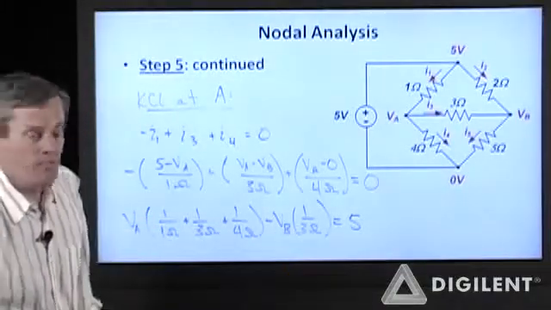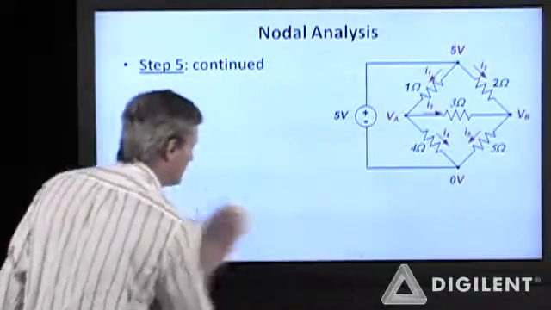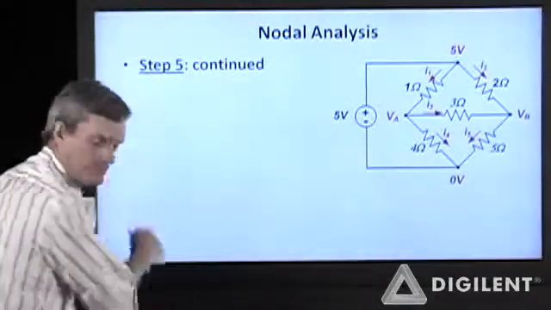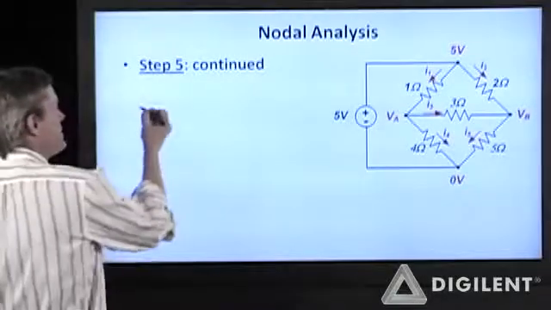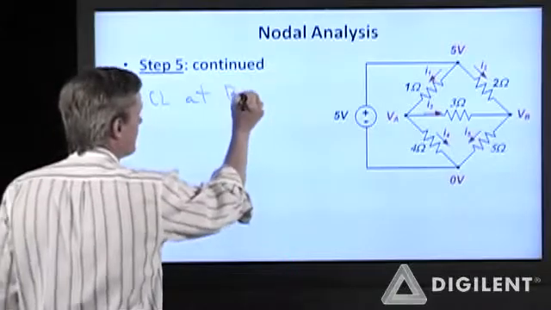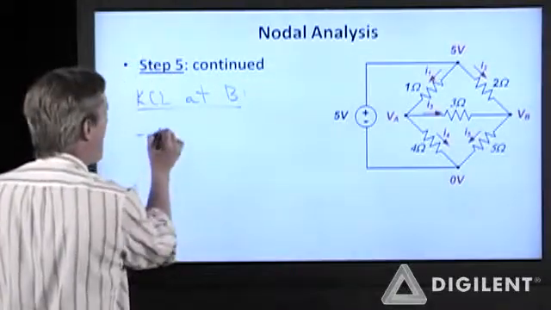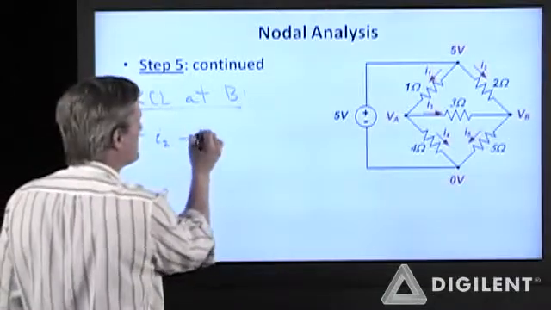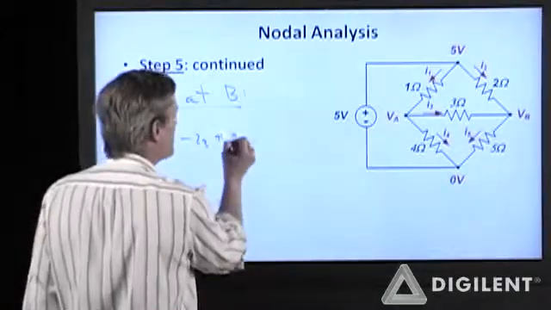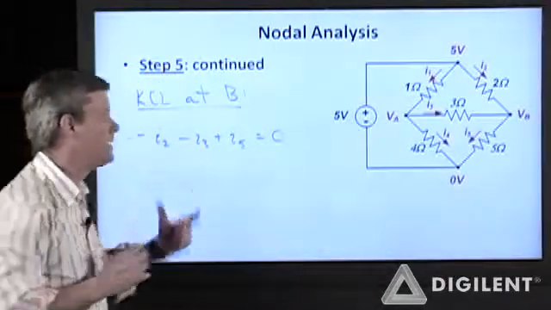Now let me do the same process for node B. KCL at B gave me a negative I2 minus I3 plus I5 is equal to 0 was my previous result.